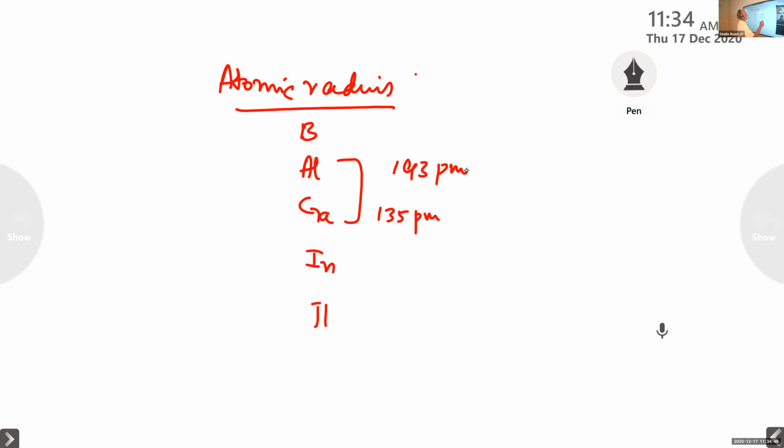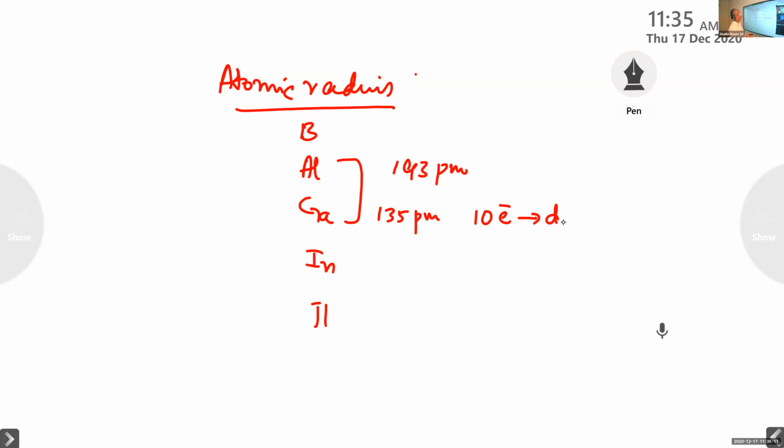In the d level, 10 electrons are there. And the d electrons have very low shielding effect, very low screening effect.